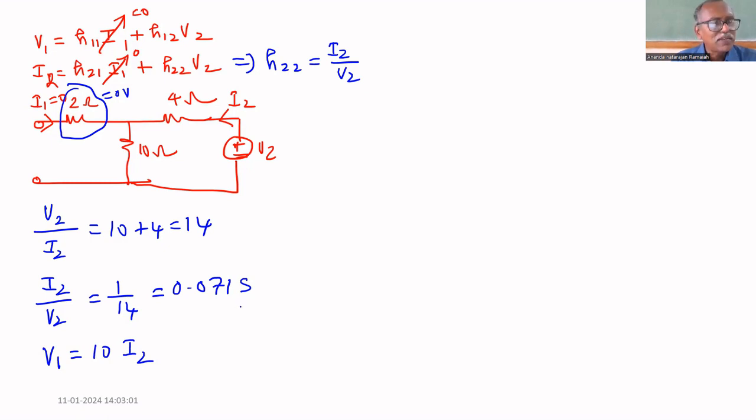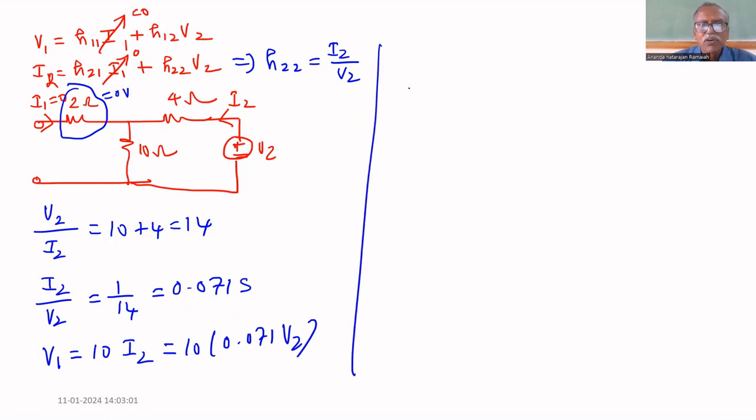V1 is required, but V2 is required. So I2 equal to 0.071 V2. V1 equal to 10 times 0.071 V2, that is 0.71 V2. So V1 divided by V2 equal to 0.71. That is equal to H12.